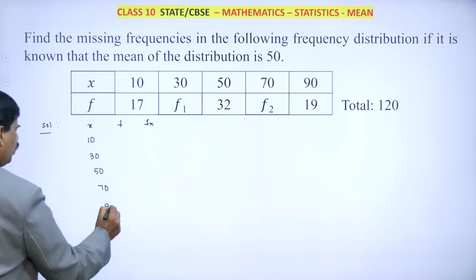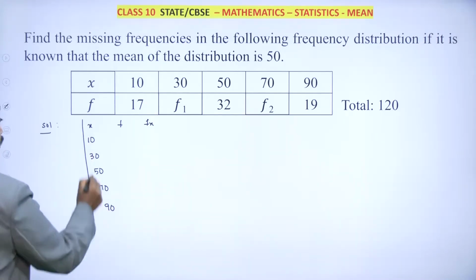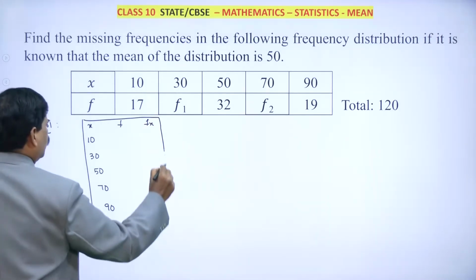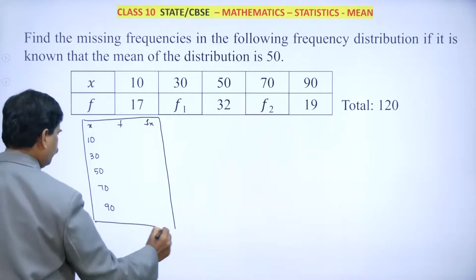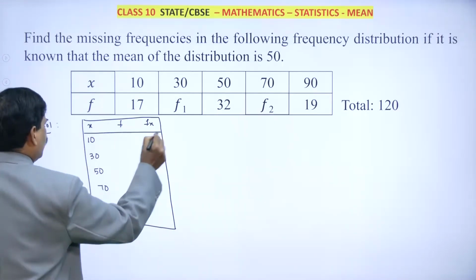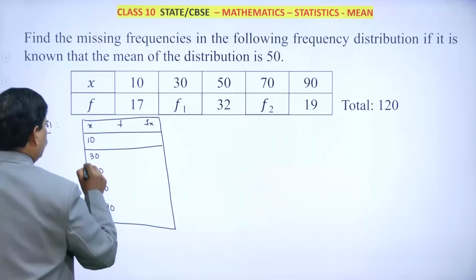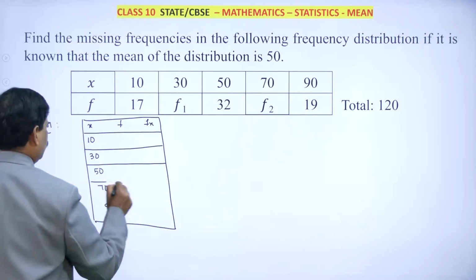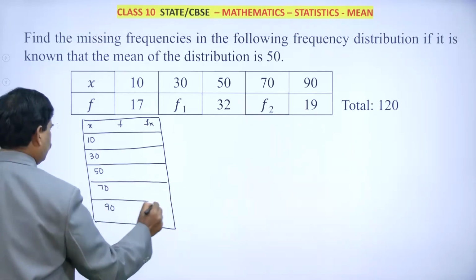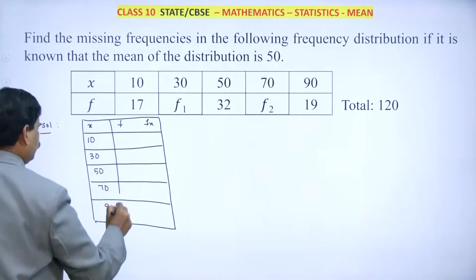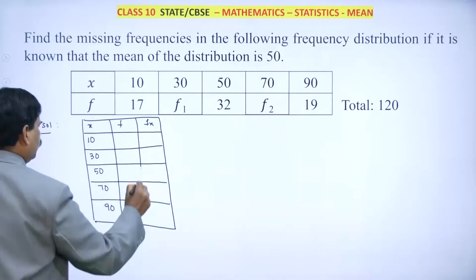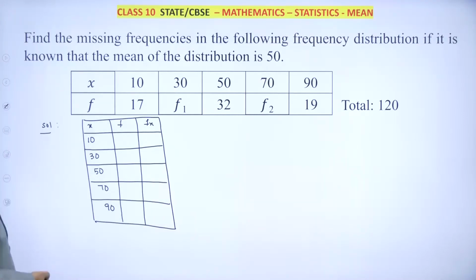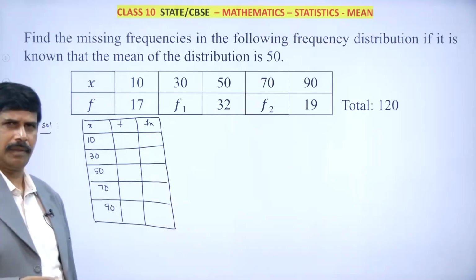These are the values we have with us. So make one table, children, to avoid the confusion. Okay, so this is x, f and fx, children.